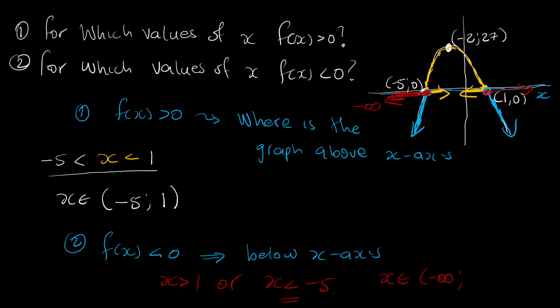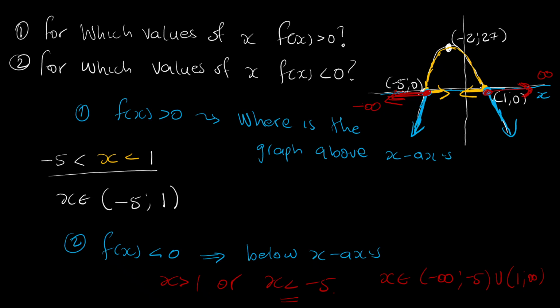So it will be from -infinity to that -5, then union from 1 all the way to +infinity, because this side it will approach +infinity. I hope this makes sense.